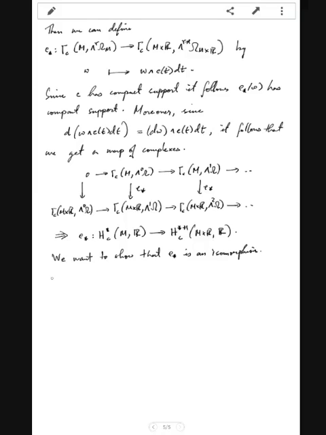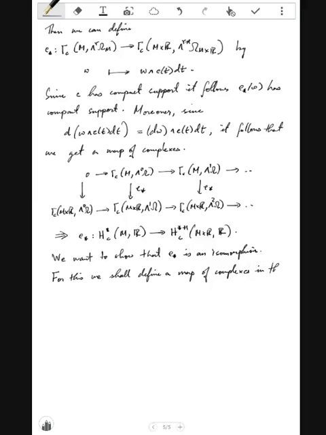So for this, we shall define a map of complexes in the other direction.